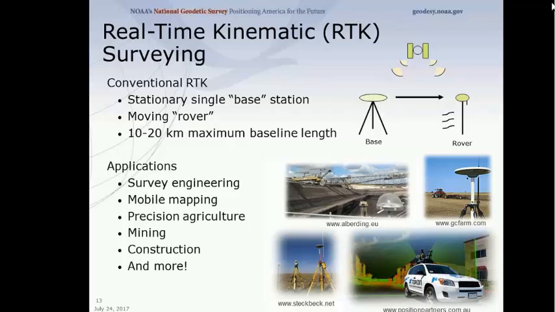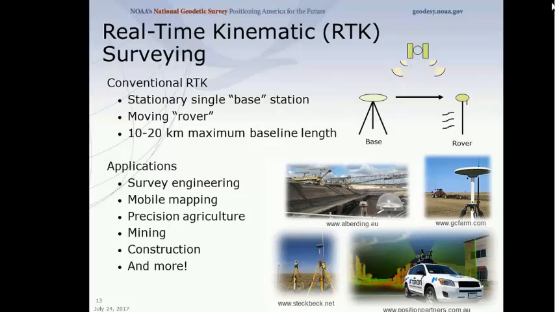One key thing worth mentioning is you really should stay within 20 kilometers or about 12 miles of your base. As you get further and further away, some of the tropospheric errors don't cancel, and those errors can build up. There's a number of applications shown on the slide that it's used in.